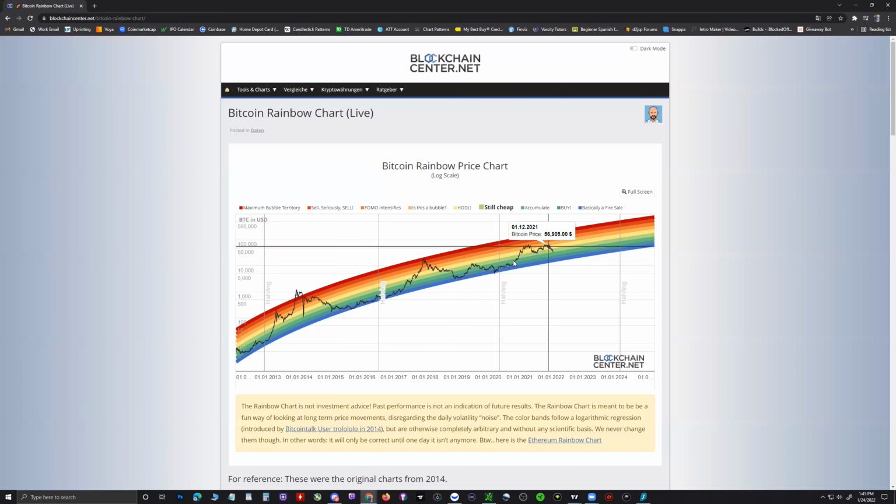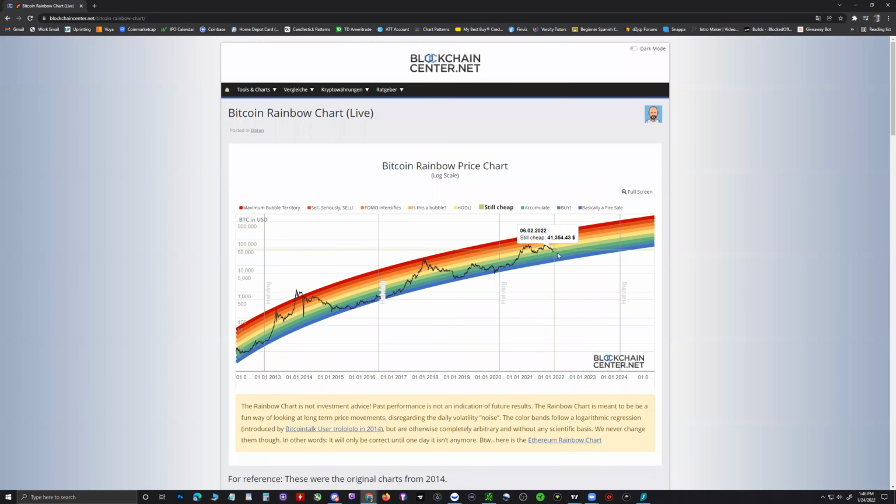When we look at this chart, like I said, in the past, once it reaches max bubble territory, it starts to work its way back down. Let's look into the future and try to make a prediction.